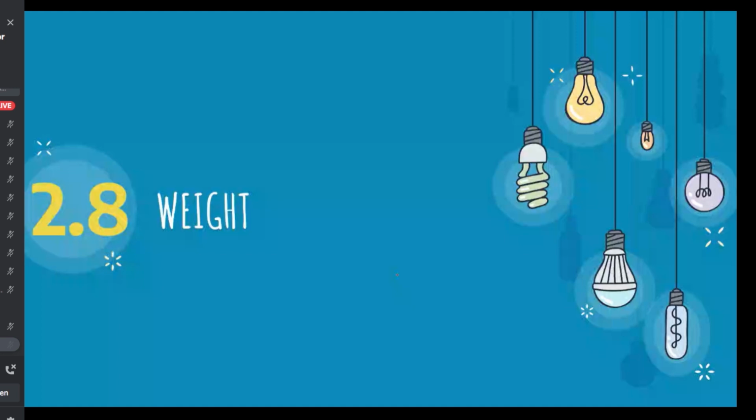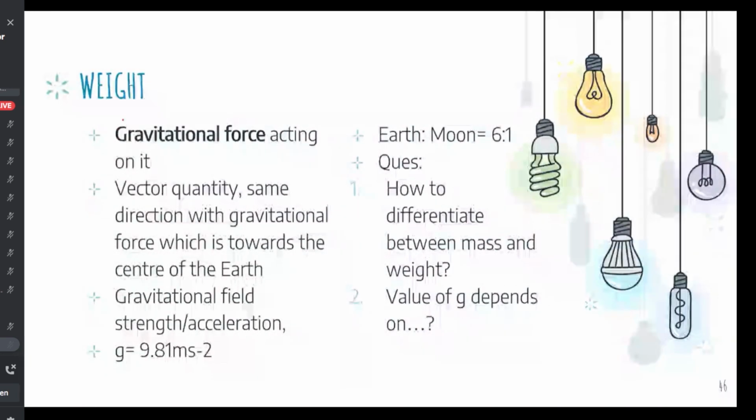So for weight, what's the definition of weight? Weight is the gravitational force acting on it. The formula is W equals mg. It is a vector quantity because it has the same direction as gravitation, which is towards the center of the Earth.